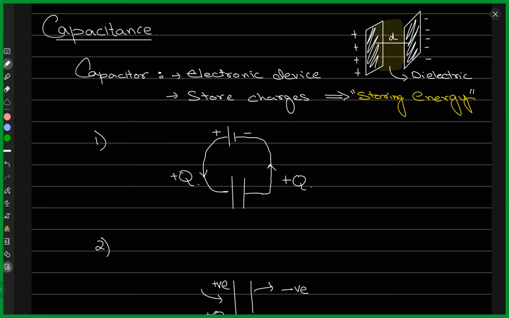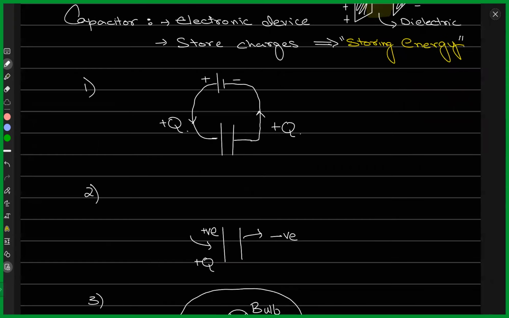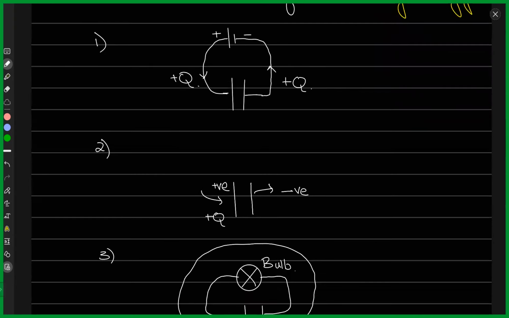I'll give you a hint. If you look at this diagram that we did for discussing capacitors, we saw that as we connect the battery to the capacitor, the charges start flowing. So the positive charge leaves this plate, so it becomes a negatively charged plate, as you can see, and the other plate gains that charge, so it becomes overall a positively charged plate.